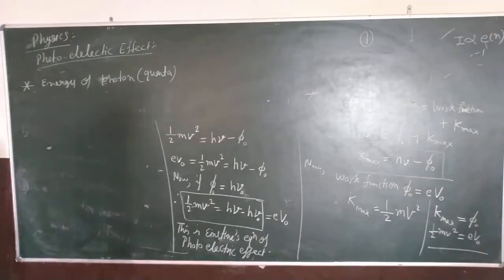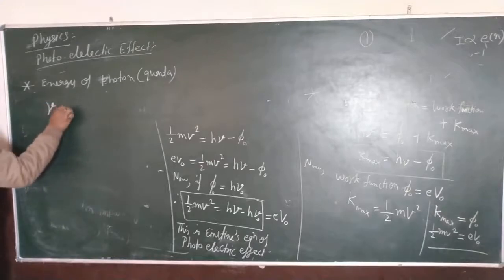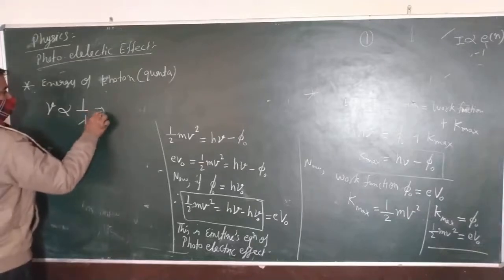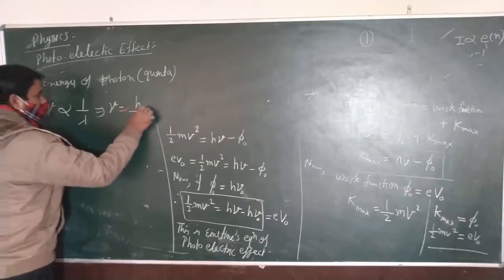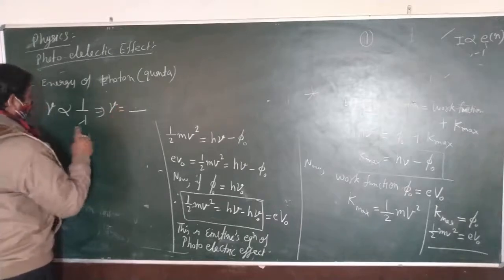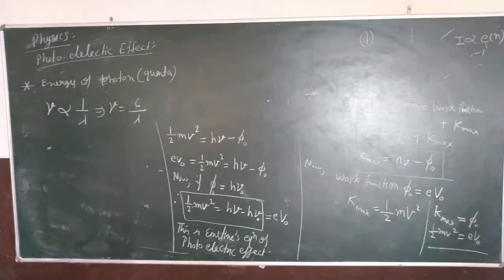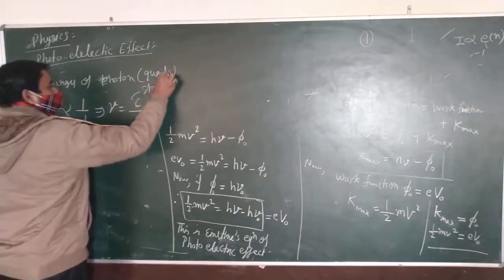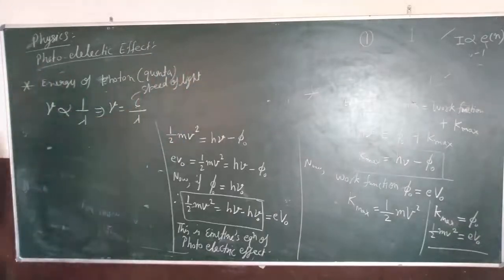Now, as we know that the frequency is inversely proportional to the wavelength, and when we take out this proportional sign, we get the result: frequency is equal to c upon lambda, where c is speed of light. Clear?